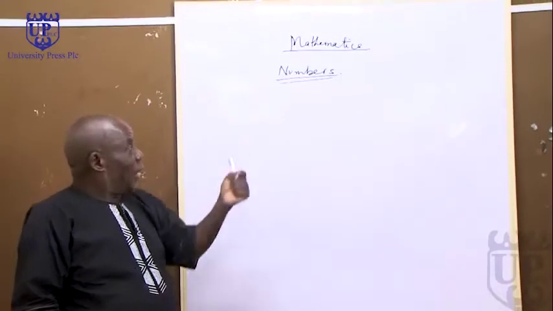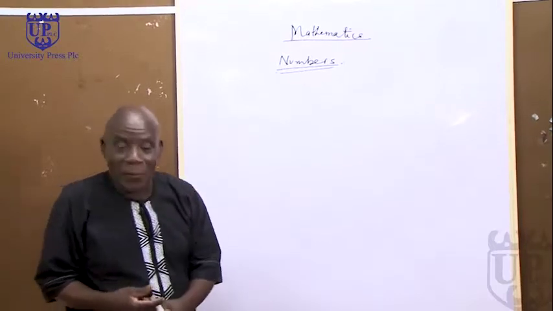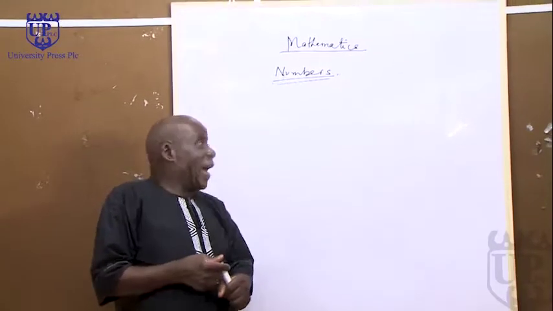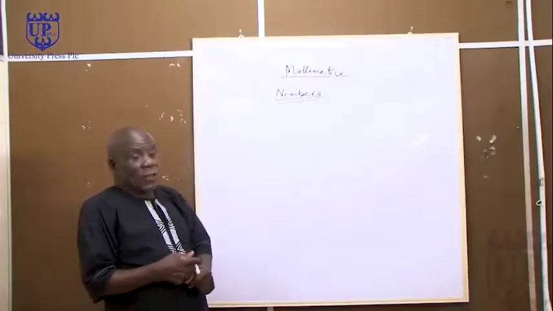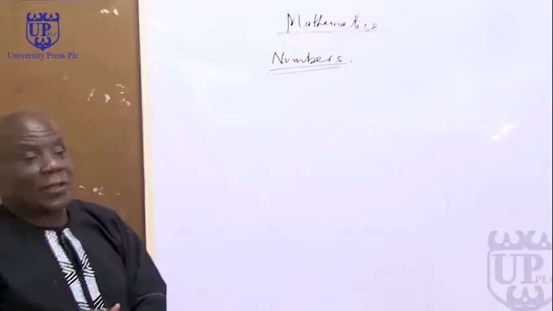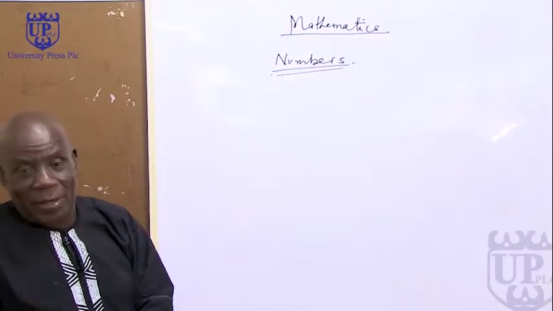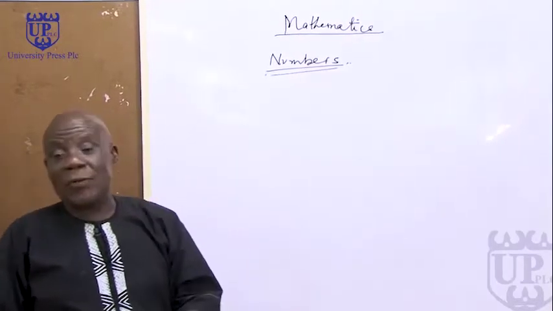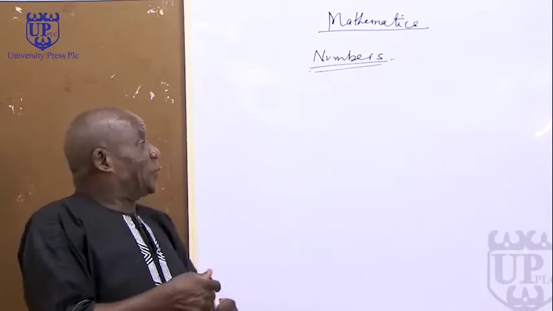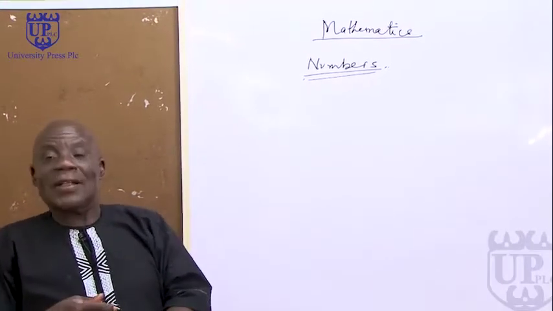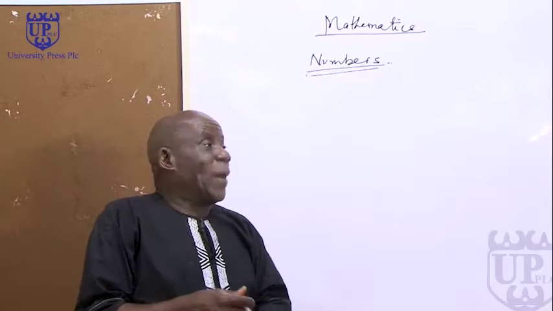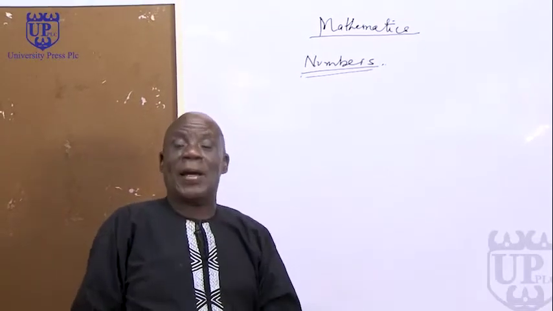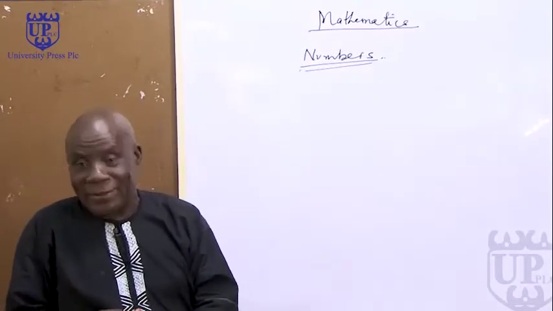We have the integers, the real numbers, rational and irrational numbers. But for this purpose, we want to start from what we call the decimal numbers, small and large, how to write them in expanded form, how to express them in significant figures, decimal places, even binary numbers, basic operation of binary numbers, and other bases.